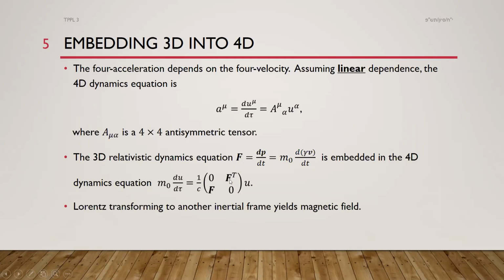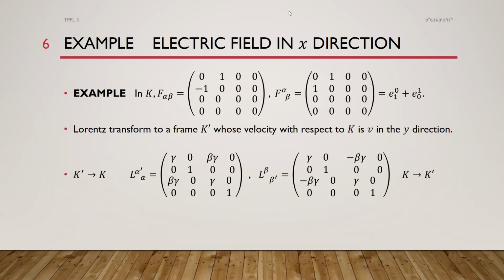So in this equation, which is 4D, you have just the 3-dimensional force. This would correspond, for example, to when there is only an electric field and no magnetic field. But if you Lorentz transform to another inertial frame, a magnetic field will pop up. So for example, let's take electric field in the x direction.